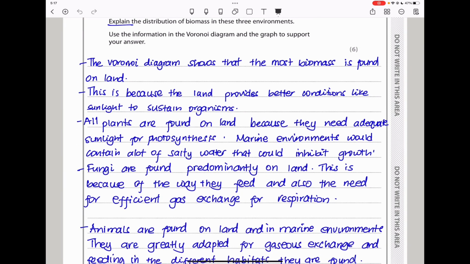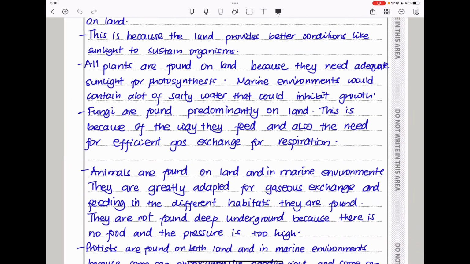All plants are found on land because they need adequate sunlight for photosynthesis, and marine environments contain a lot of salty water that could inhibit growth, because water would leave the plants by osmosis to the surrounding salty water, leading to the plants drying out. And then we observe from the data that fungi are found predominantly on land, and this is because of the way they feed, and also they need sufficient gas exchange for respiration.